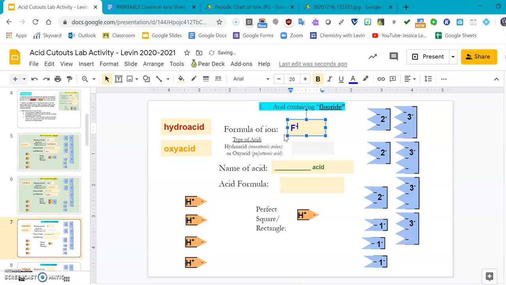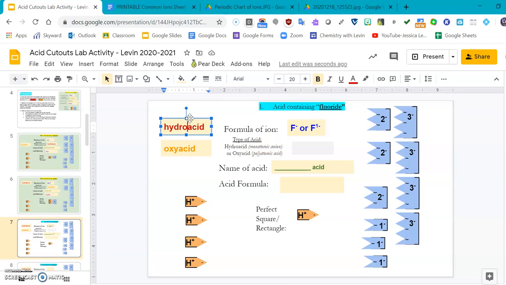So I can write minus or Control period, or you can write F, Control period, 1 minus. I don't care which one you use, since it is just a monatomic, one atom ion.